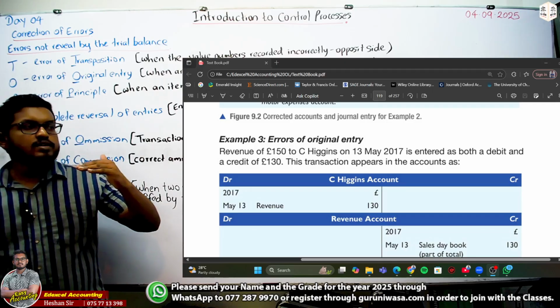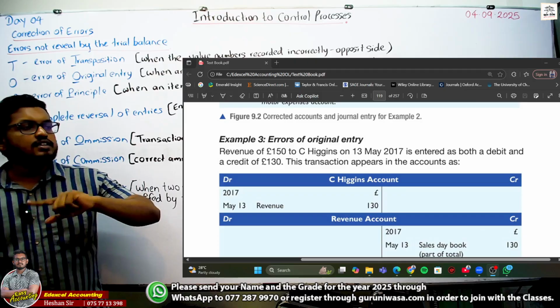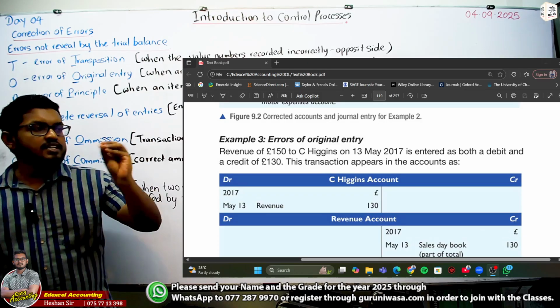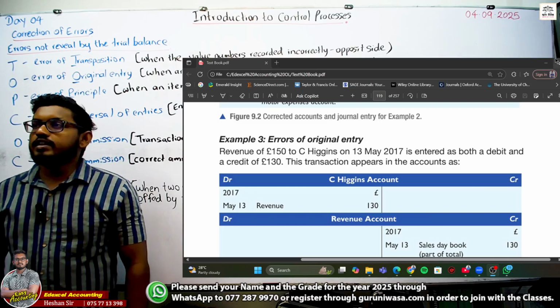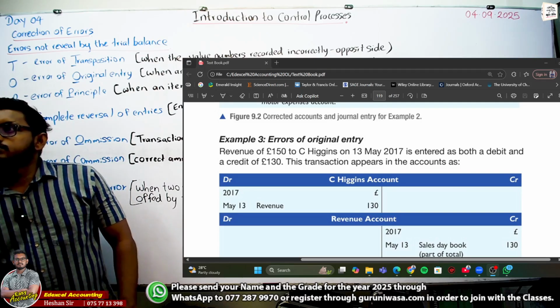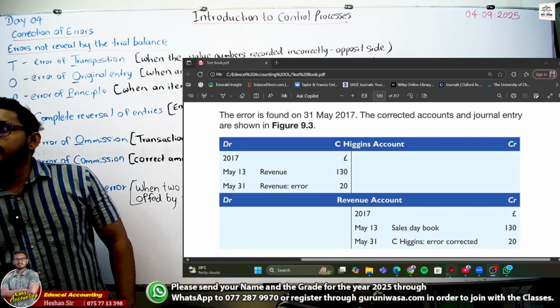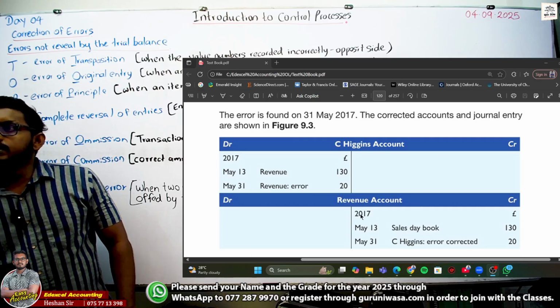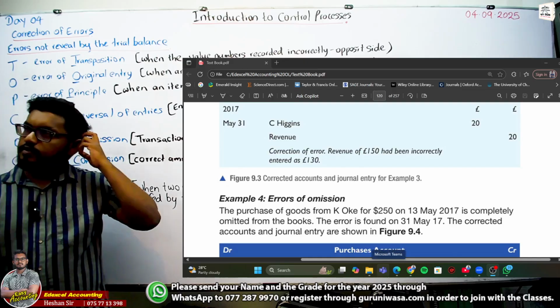The actual value is 150. We recorded debit 130, credit 130. So which means there's a 20 deficit in both sides, right? So what we need to do, we need to debit in here 20, credit in here 20. That's why the account increases up to 150.